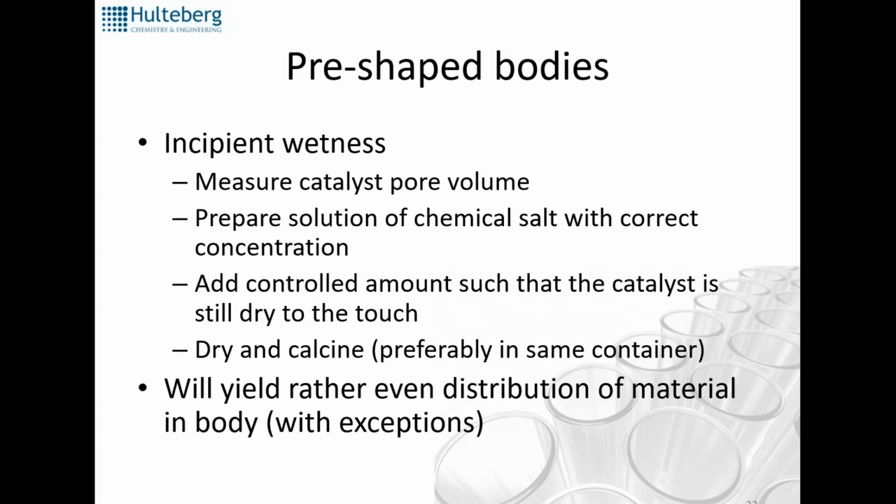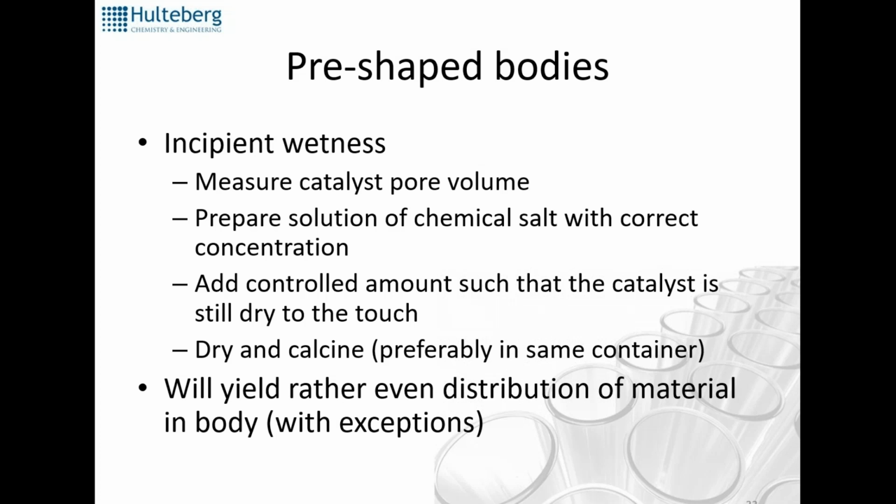You then take this liquid and you pour it over the catalyst support, and it's perfectly sucked into the catalyst, and it's still actually dry to the touch. So it's inside, but it should be just inside and not overflowing, but not too little. Then what you need to do is again drying and calcination, and normally this yields a rather even distribution of material.